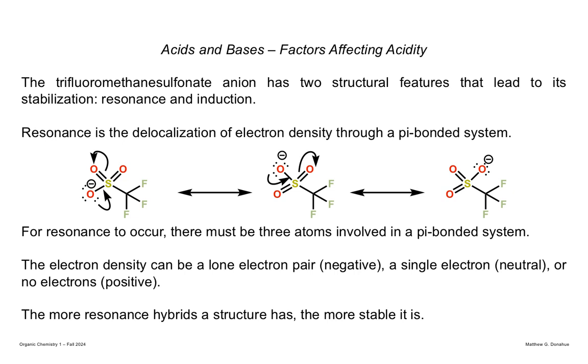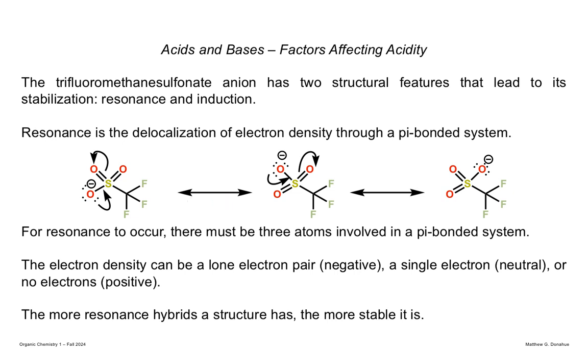So with these arrows here, the negative charge on the oxygen, we can form an O=S double bond here, break that S-O pi bond, and then move the negative charge up to the other oxygen. And then you can repeat that another time.